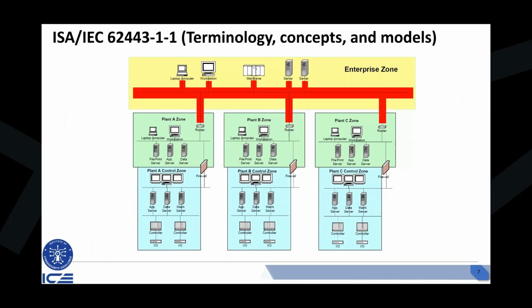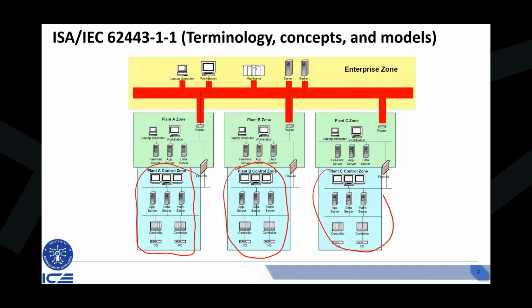You can see that in this particular case, it's an example of a large industrial organization that has multiple plants: plant A, plant B, and plant C. Within each plant, in this example, you have a control zone. Plant A has its own control zone, plant B has its own control zone, and plant C has its own control zone.